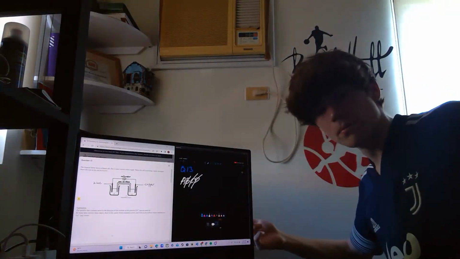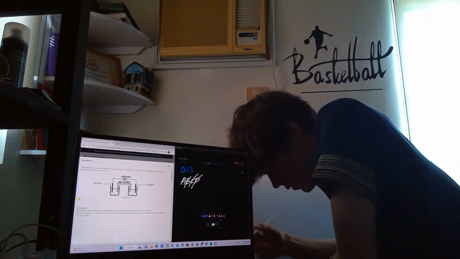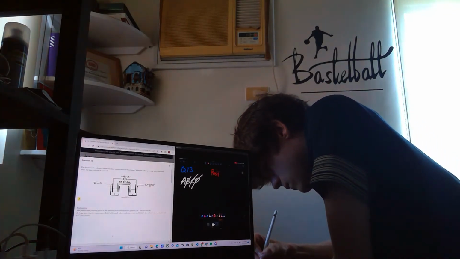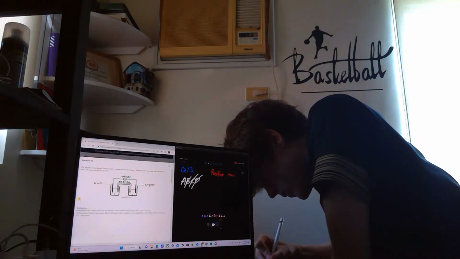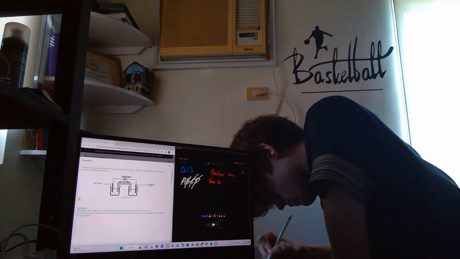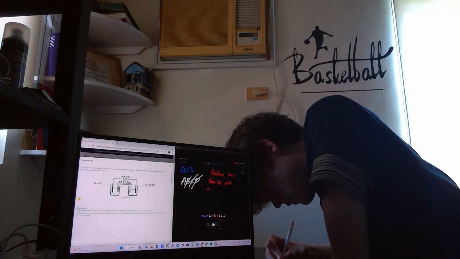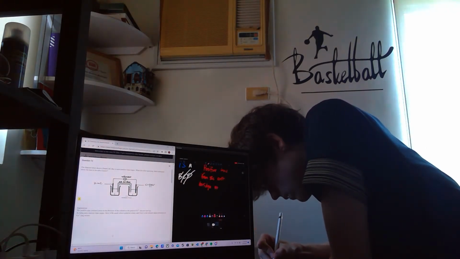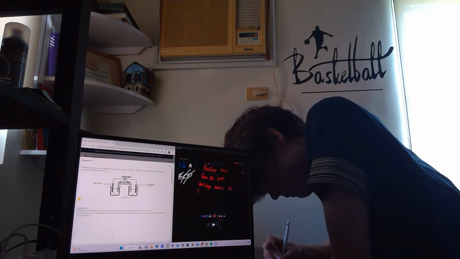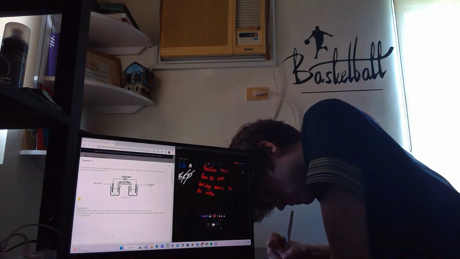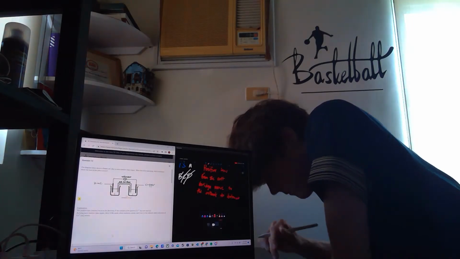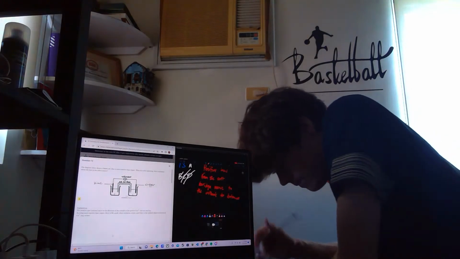So because it's balancing charge, we're going to observe the positive ions from the salt bridge move to the cathode to balance the charge.